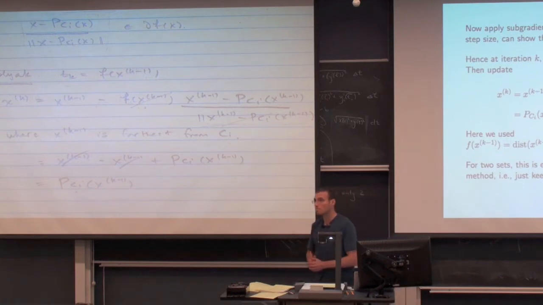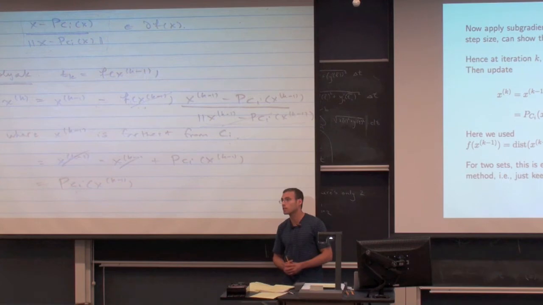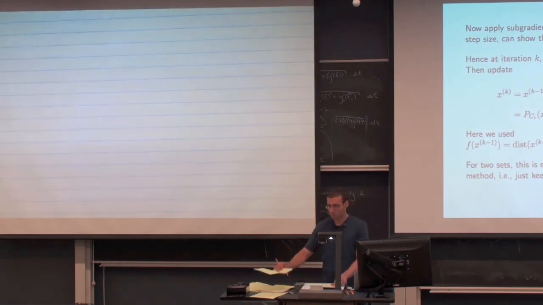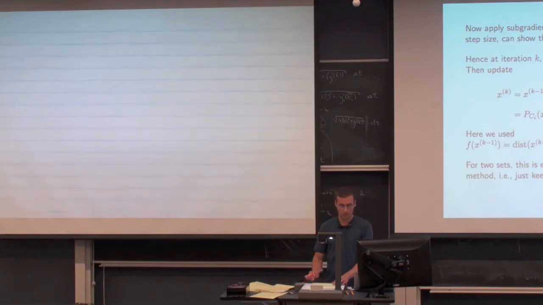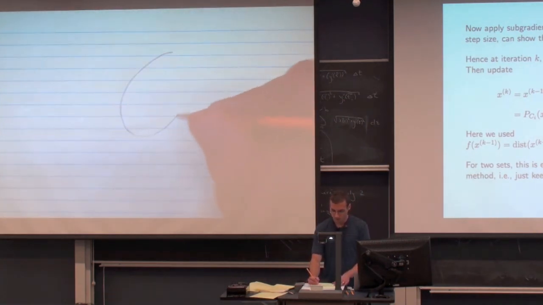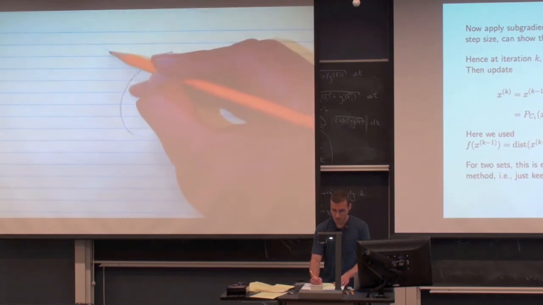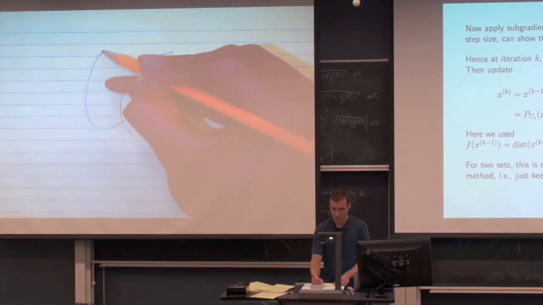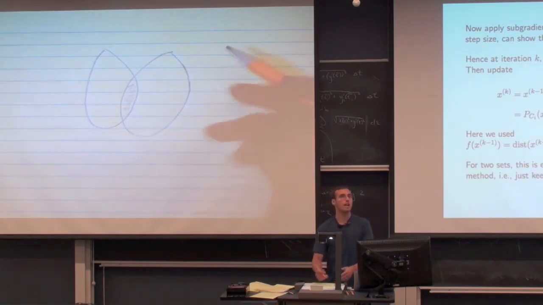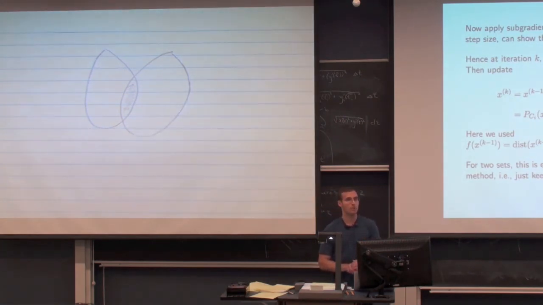Question? What if the feasible solution is only one point? It still converges, so that's a good question. If you're ever going to use this algorithm in practice, there are some practical considerations. Even if the feasible region was non-singular, if there was a bunch of points in here, we're not going to ever actually find a feasible point, you might argue.